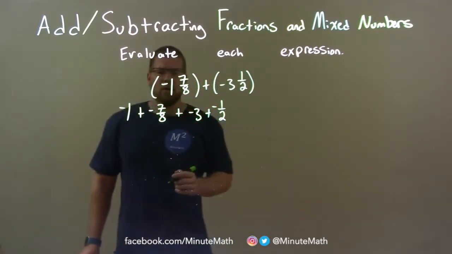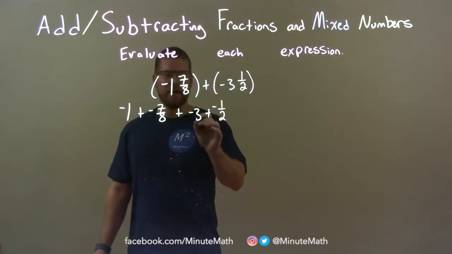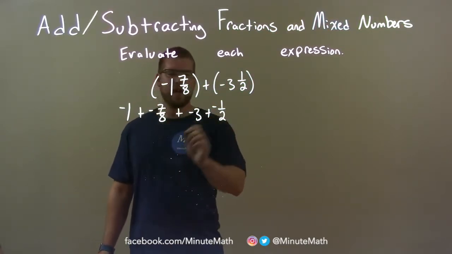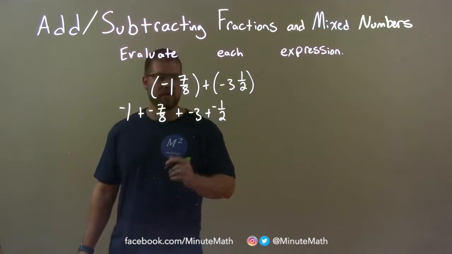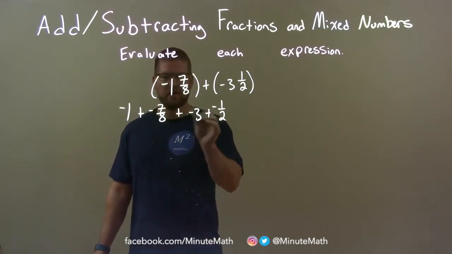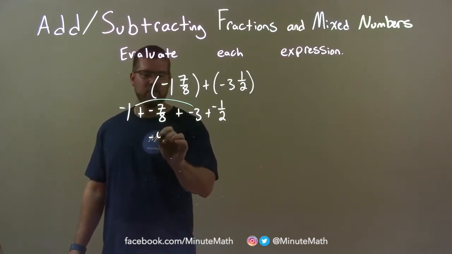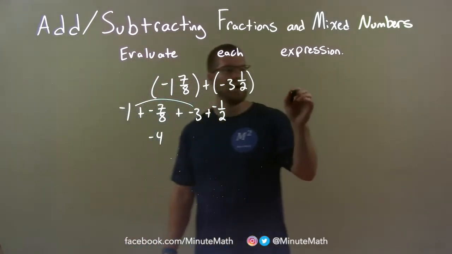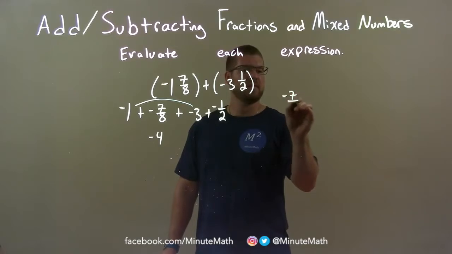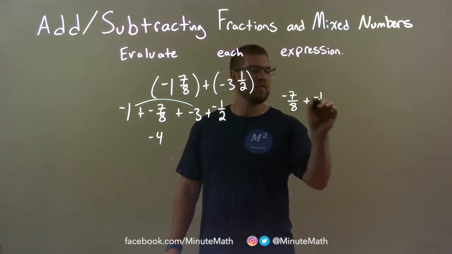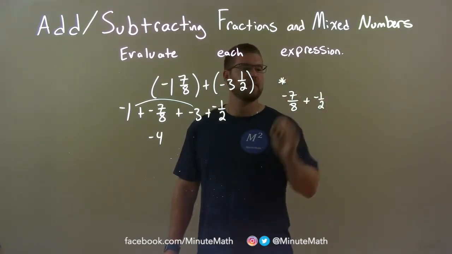So what I'm going to do now, once I broke it up, I'm going to add my whole numbers, but I can't directly add these fractions, okay? So we're going to have to break those down and figure out what they have to be. So -1 and -3 is a -4, but what I'm going to do here on the side is a -7/8 plus a -1/2, okay?